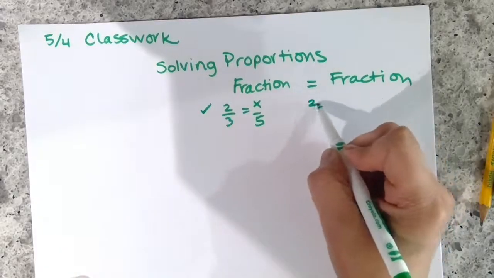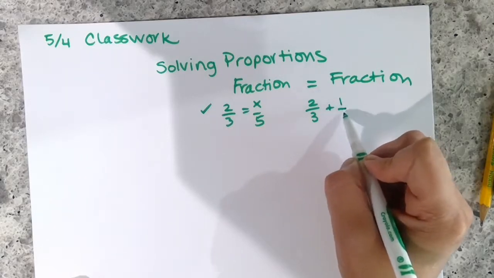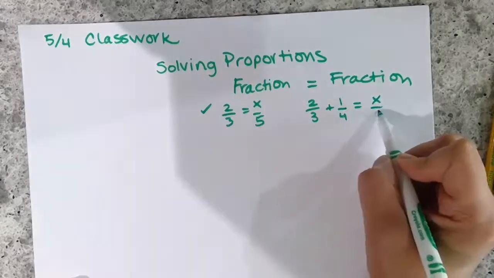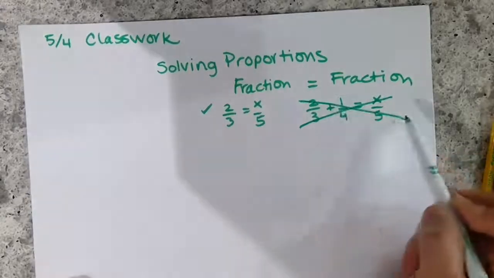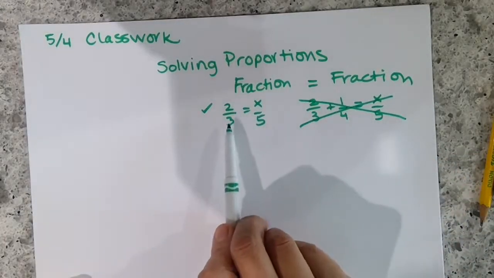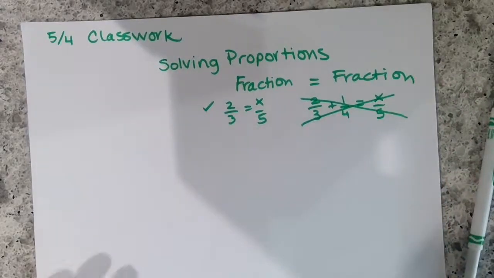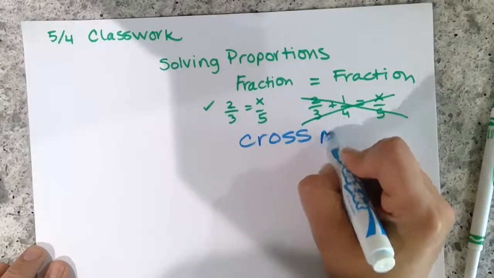If you had something like 2/3 plus 1/4 equals x over 5, this would not work. You would have to change it in order to do it. So it's when you have one fraction equals another fraction. And how do you solve problems like that? You cross multiply.